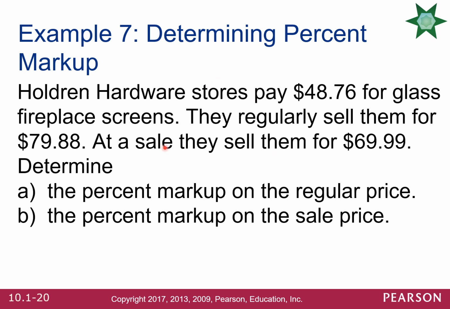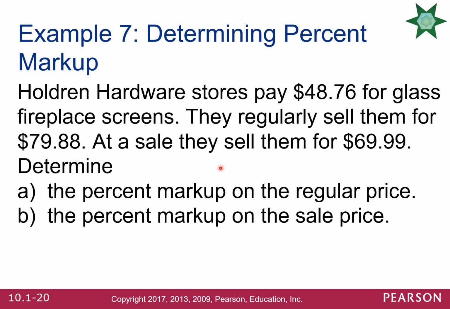Now here's an example on determining percent markups. So I'm going to read through the problem and then we are going to solve it over the next few slides. It says here, Holdren hardware stores pay $48.76 for glass fireplace screens. They regularly sell them for $79.88.